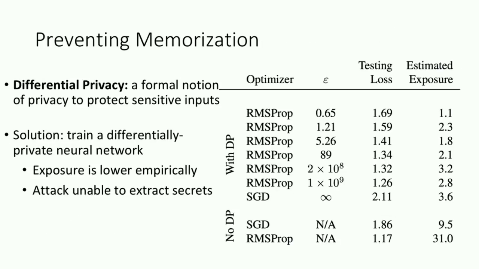This is an example demonstrating that even when you are training a machine learning model, you have to be really careful to take the correct measures to protect users' privacy.